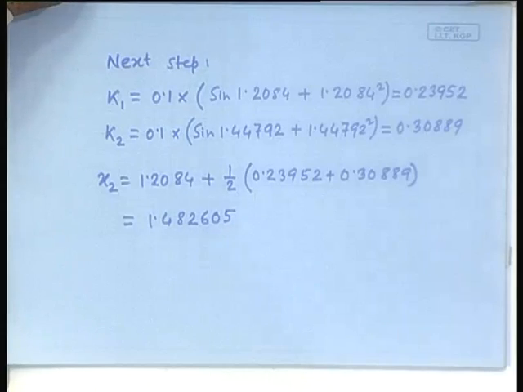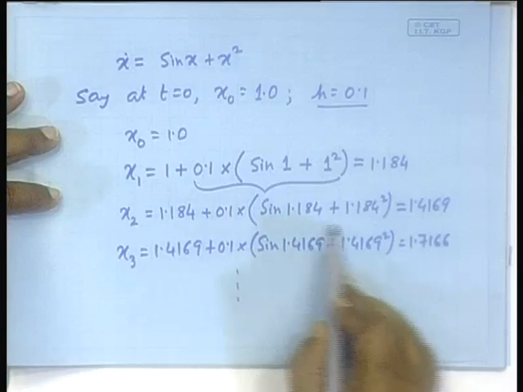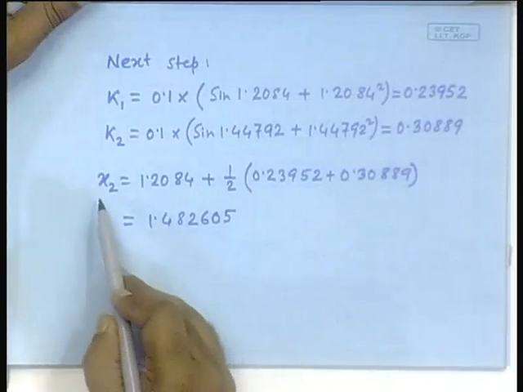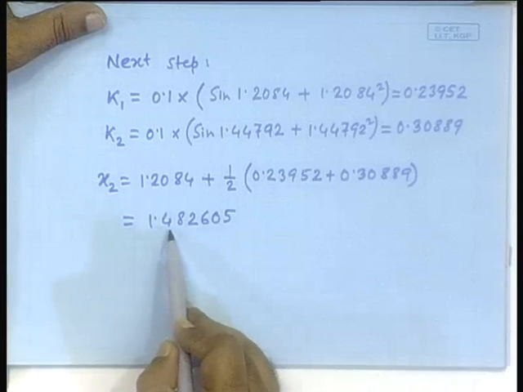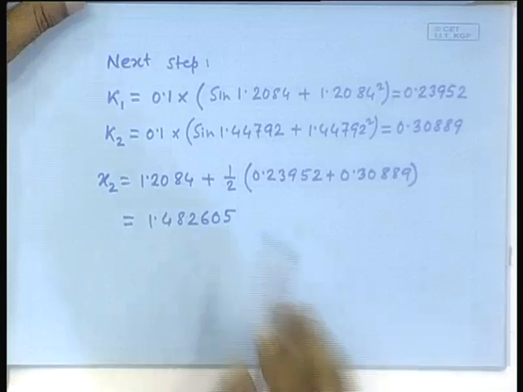Now, you notice how much it is better than the last calculation. This was calculated on the basis of the Euler method as 1.4169, whereas in this case x2 is equal to 1.482605. Obviously, that is a better approximation, but still it is an approximation.